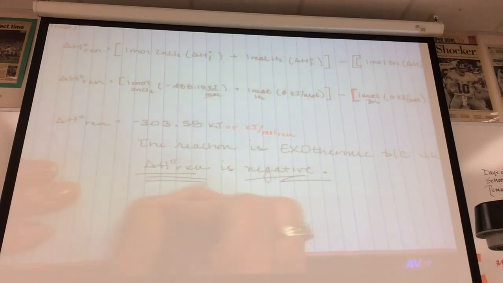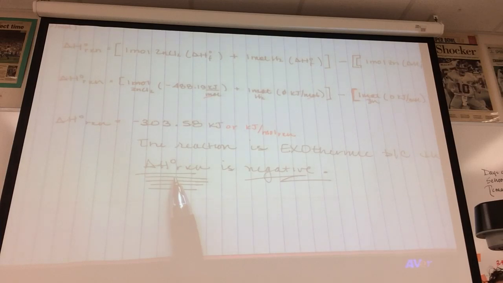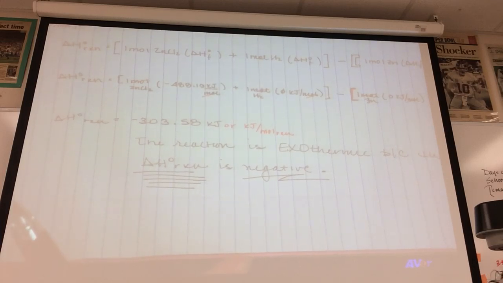Make sure you indicate delta H of reaction, not delta H of formation, and don't write it. And that will earn you 20 points on your quiz.